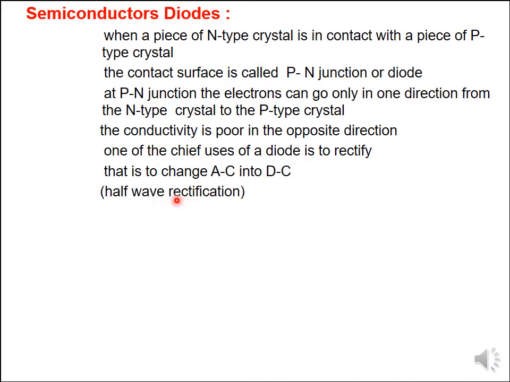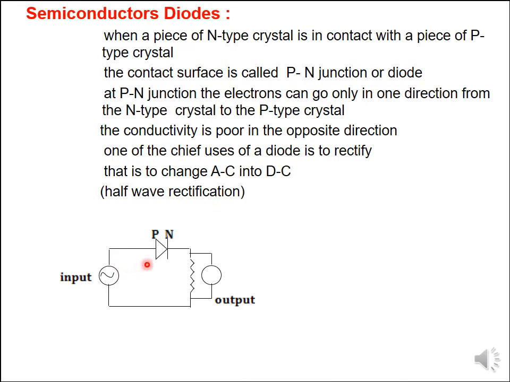Here I have the input alternating current, here I have the P-N junction. This is the P-type and this is the N-type. The P-type is positive and the N-type is negative. This is the input, which is alternating current, and this is the output.